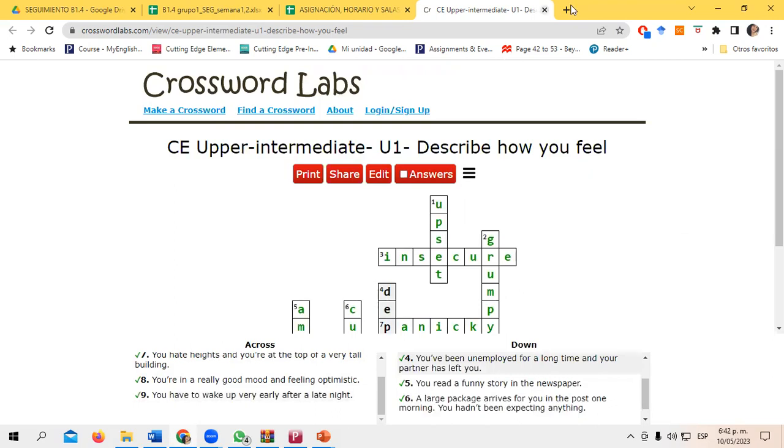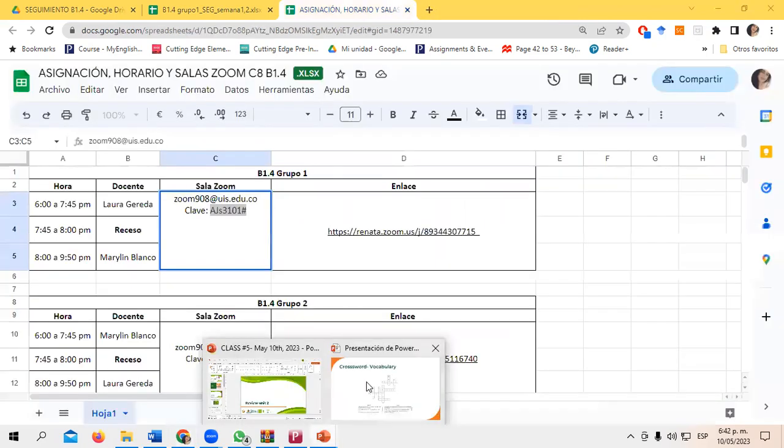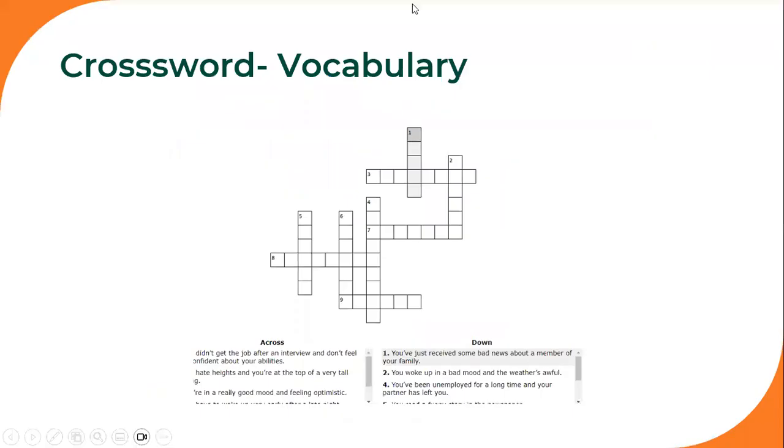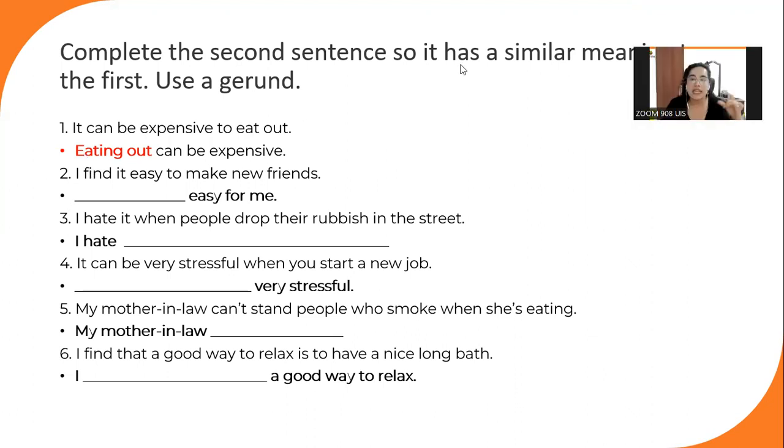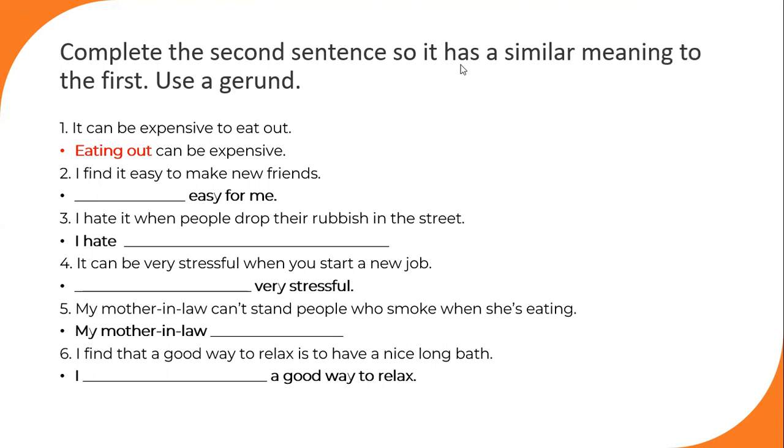Now, let's close this activity and we will do the last review or practice activity for Unit 2. It's about the use of gerunds. You are going to complete the second sentence, the one under the first, so it has a similar meaning to the first sentence using a gerund.